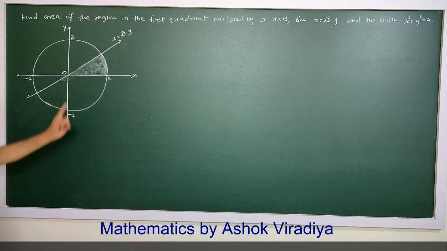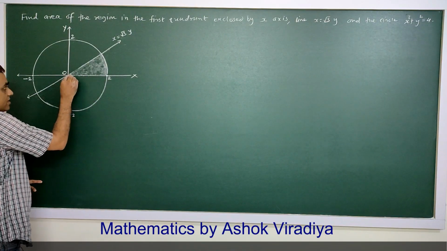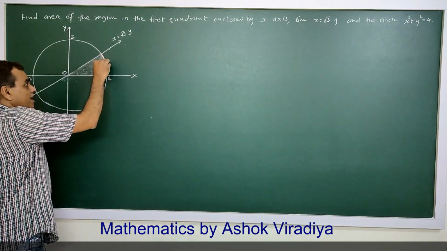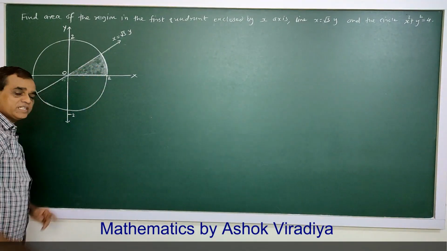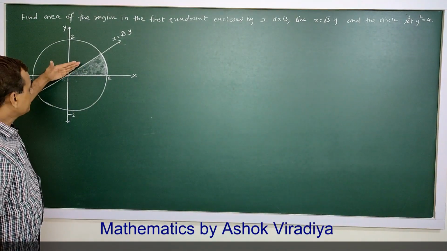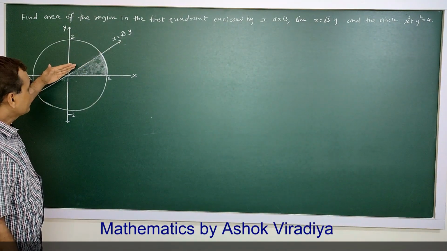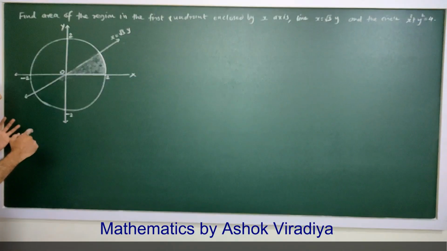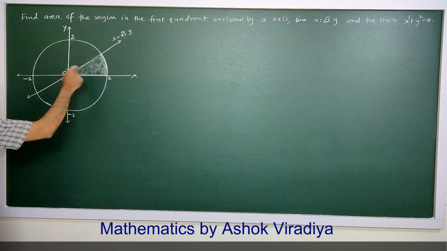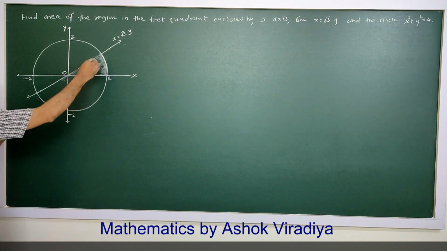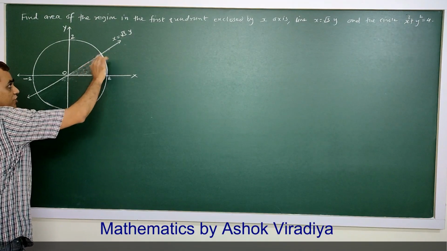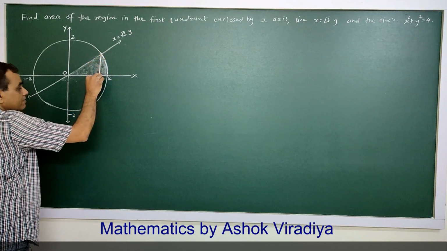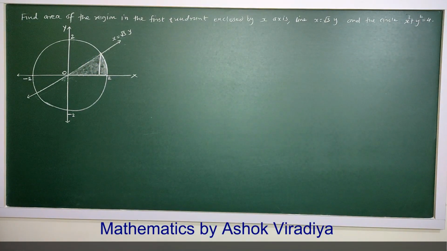Now look here. The x-axis is the boundary, and on the other side, if you observe the boundary lines, the remaining boundary is created by this first kind of curve and this second kind of curve. So what we do to obtain the area of such a region: from the point of intersection of the line and curve, we take a perpendicular.